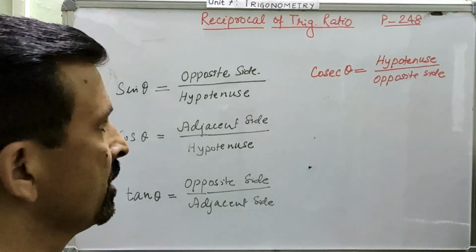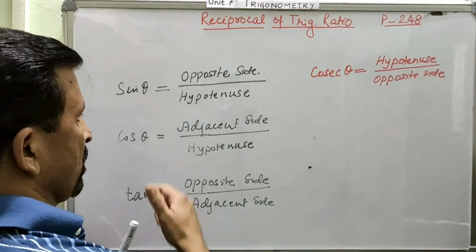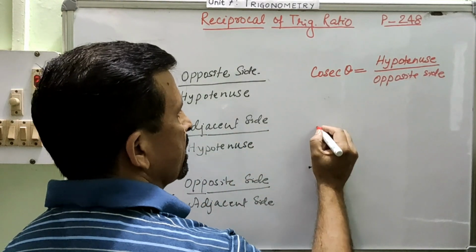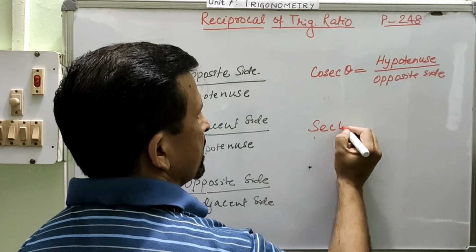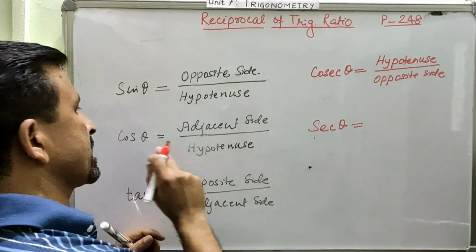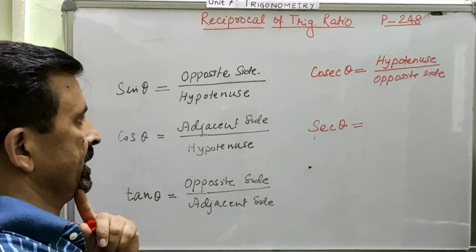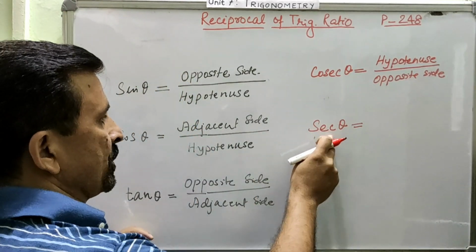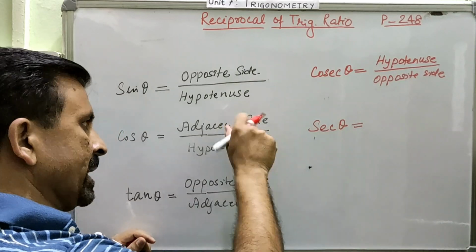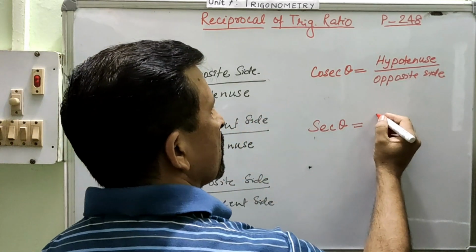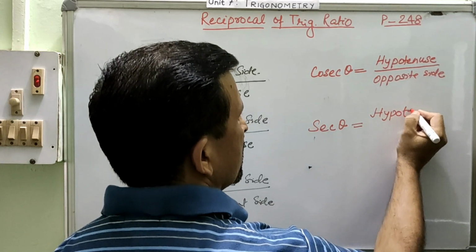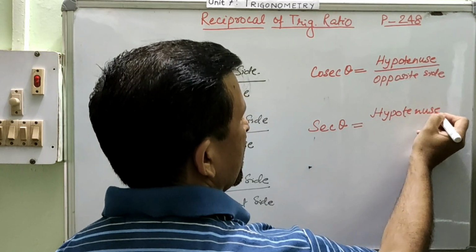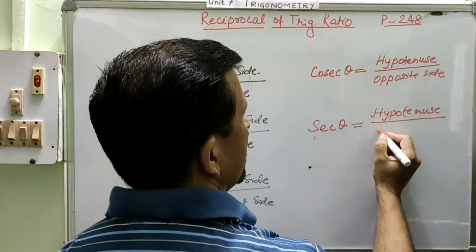Now understood, no? Next is cos theta, and the reciprocal of this will be sec theta. Reciprocal of cos theta is sec theta, right? Now the ratio of this will again be the reciprocal of this one. So once again we will write here hypotenuse divided by adjacent side.